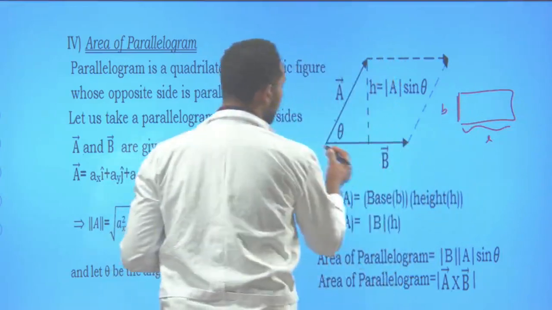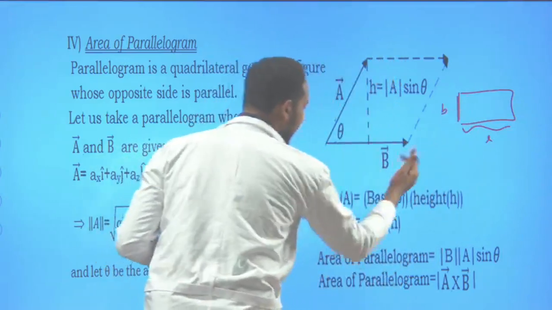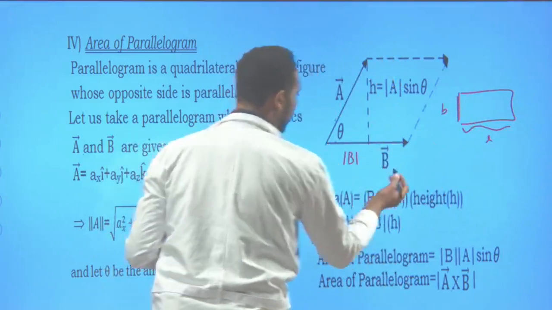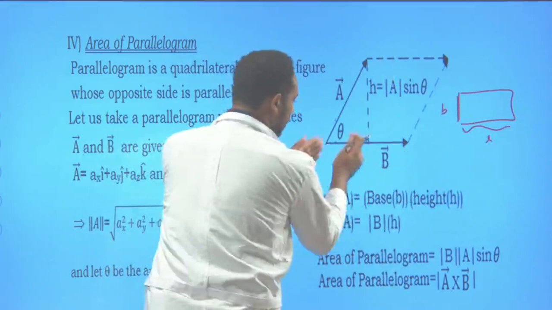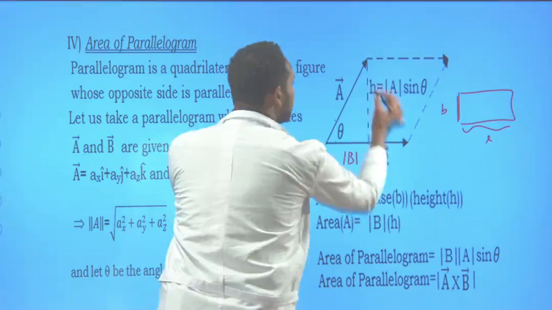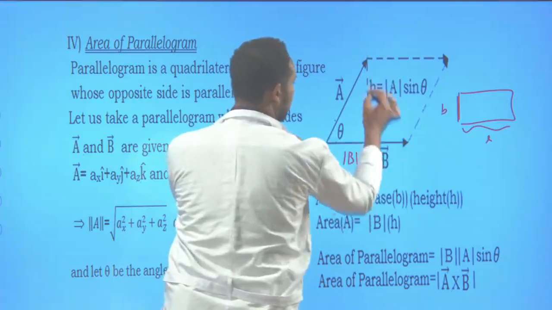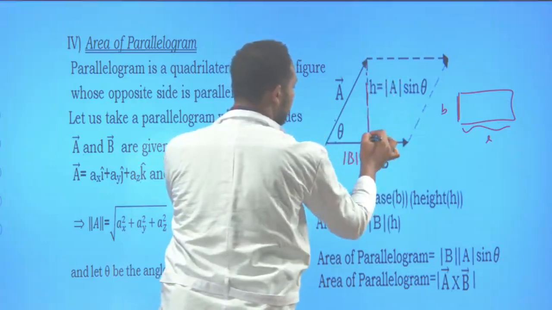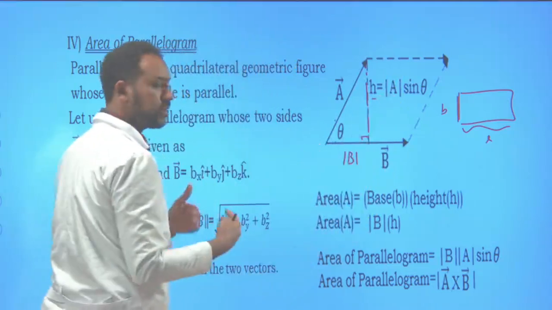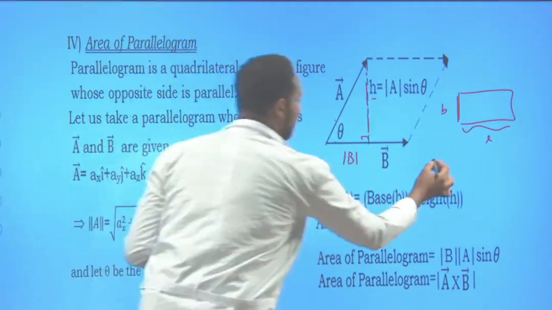Here you have the length to be the magnitude of B. One of the sides is given using vector B, the magnitude of vector B, times the height. This is the height. You have to drop it perpendicularly. The height can be determined using trigonometric rules.